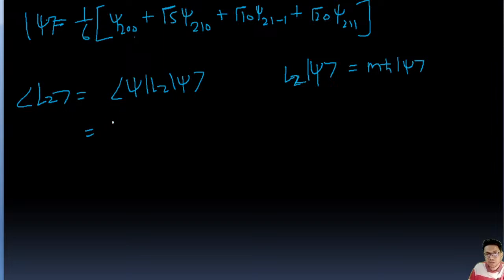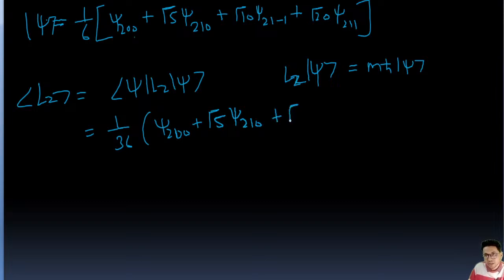So I'll write it. This is going to be 1 upon 36, bra psi 200 plus root 5 psi 210 plus root 10 psi 21 minus 1 plus root 20 psi 211, then here is going to be Lz, and then again ket psi, because 1 upon 6 I have taken here as 1 upon 36.